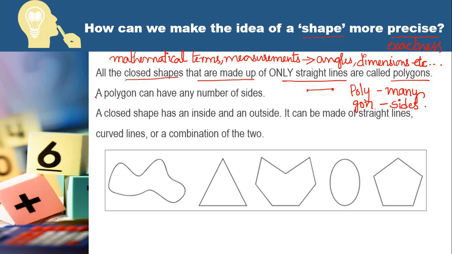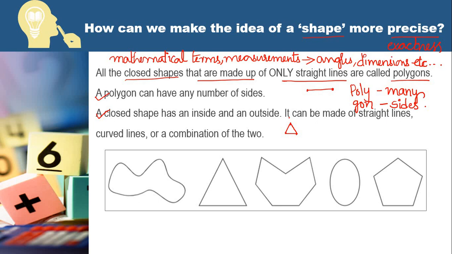A closed shape has an inside and an outside. It should be made up of only straight lines. What is a straight line, children? A line which has two endpoints is called a straight line.